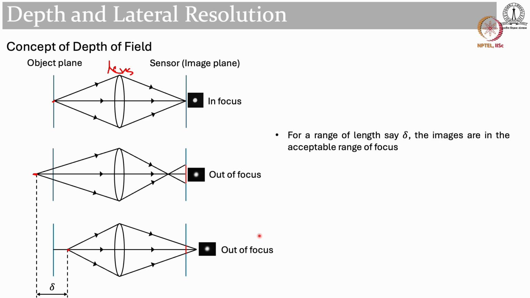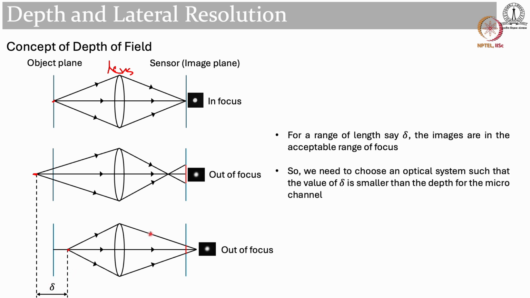So for a range of length delta, the images are in the acceptable range of focus, and from here to here is the distance known as the depth of field. So basically we assume that the objective will be able to focus over a depth of delta.